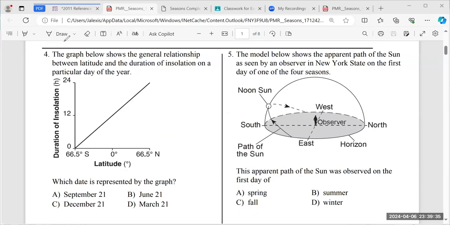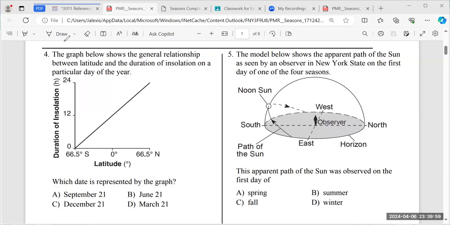All right. Number 4 says the graph below shows the general relationship between latitude and the duration of insolation on a particular day of the year. It gives us the graph of duration of insolation and the latitude. Which date is represented by the graph?